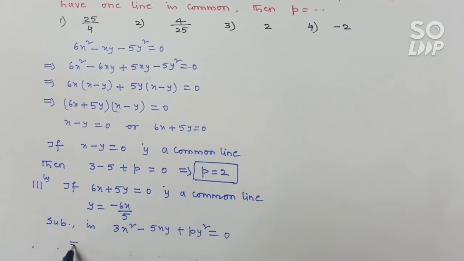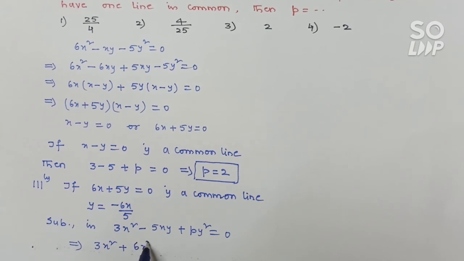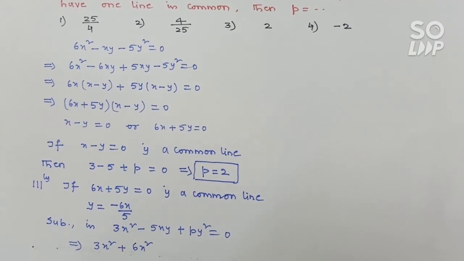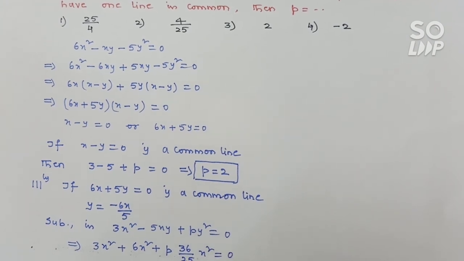That implies here you write 3x² plus minus 5 into x into minus 6x by 5, that is 6x², 5 and 5 cancelled, plus p into y², whose value is 36 by 25 into x², is equal to 0.